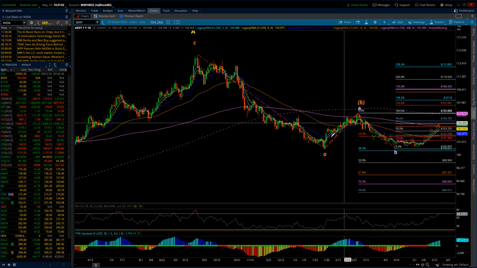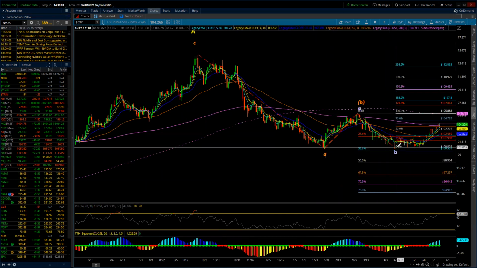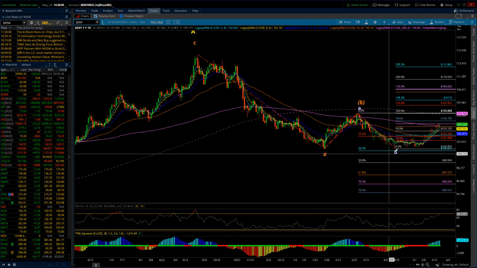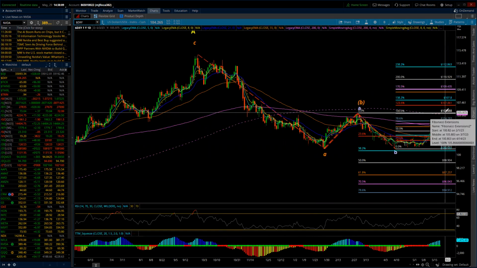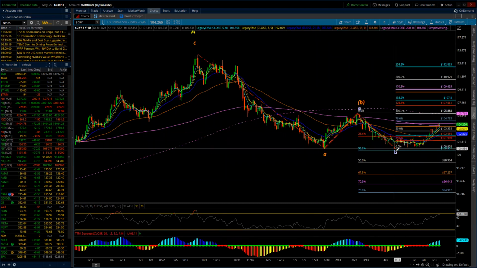We're going to get up towards, remember, this is perfectly flat. The A and the B wave are the same length right now as it's marked. But that's considering that this is 1, 2, 3, 4, and we've got the 5 still left to do. Wave one is a little bit funky, but I'm going to have to go with it.